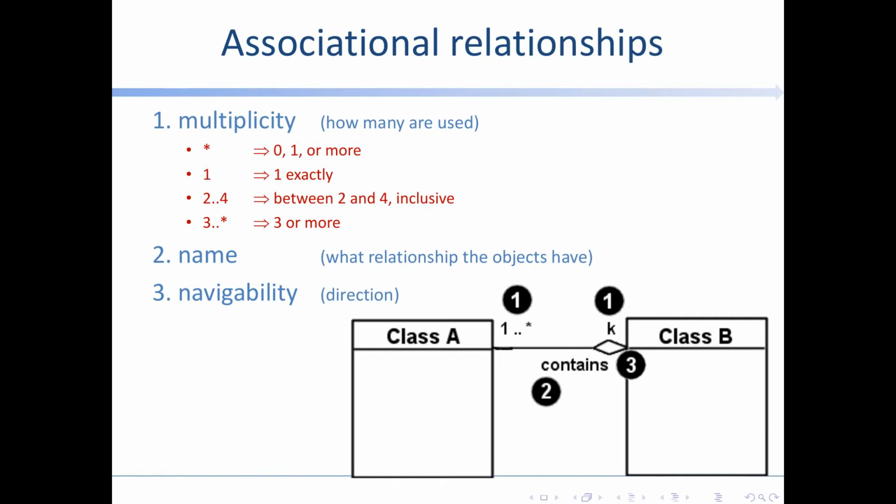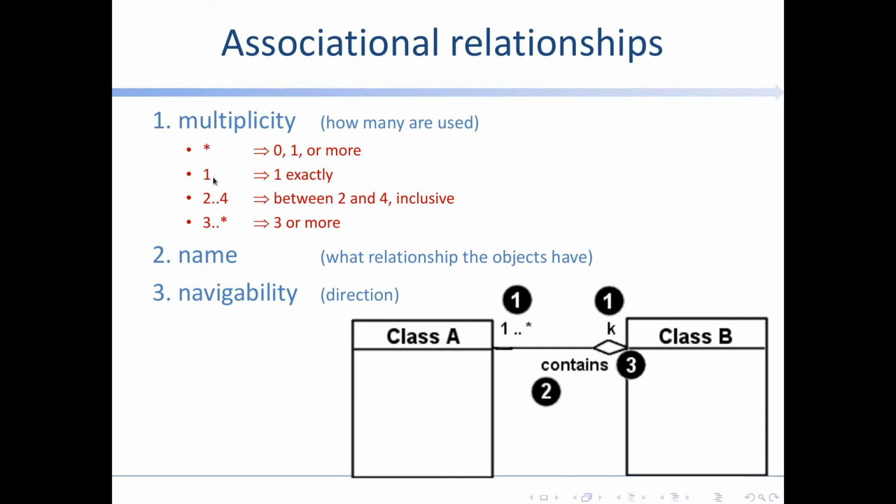So that was generalization and inheritance basically, and the second type of relationship was associational. And you already know about multiplicity, right? So you draw a line and put the multiplicity like in the data model. Now you can use a star as a wildcard in there. It just means 0 or more.